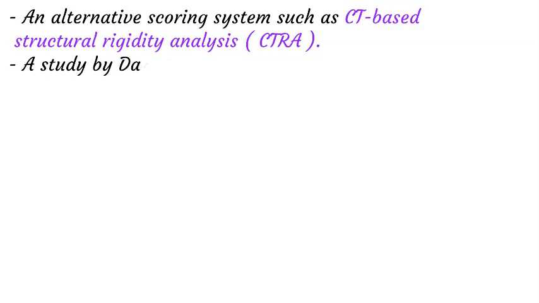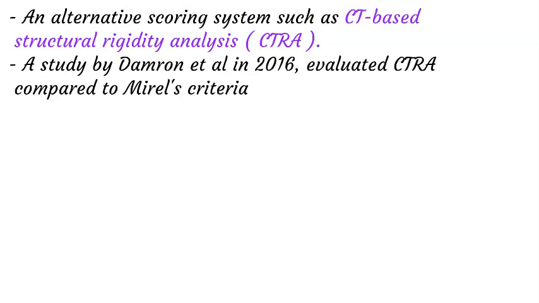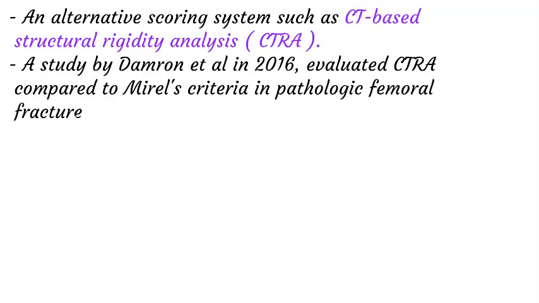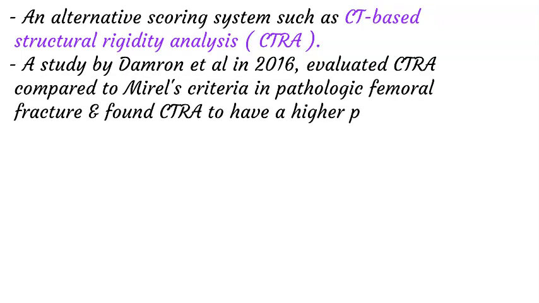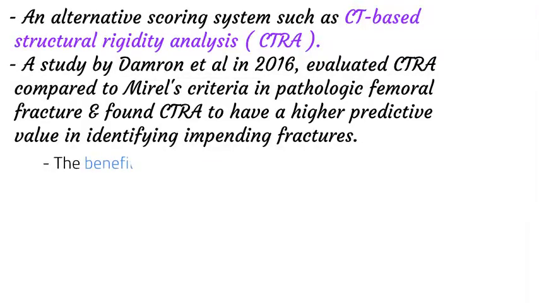An alternative scoring system is CT-based structural rigidity analysis, CTRA. A study by Damron et al. in 2016 evaluated the CTRA compared to Mirel's criteria in pathologic femoral fracture and found CTRA to have a higher predictive value in identifying an impending fracture.